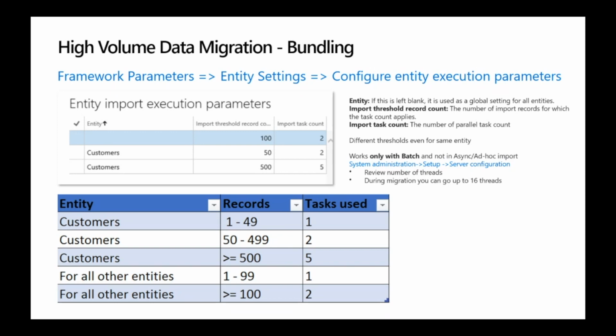Be careful with it. This bundling parameter only works if you're using the batch framework. If you just interactively upload the file via the user interface, those bundling parameters will have no influence at all. It's only when we are running through the batch framework that we will see the advantage of it.